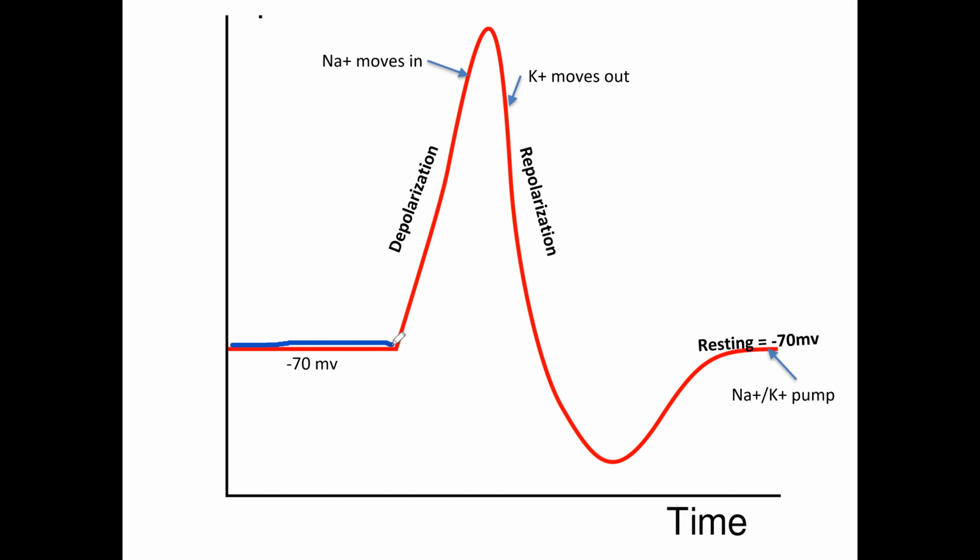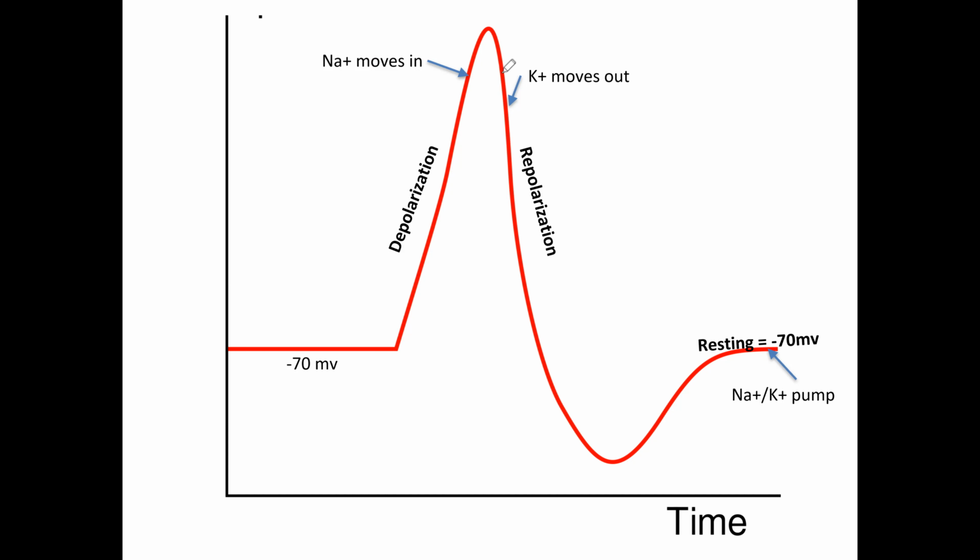Then when sodium moves inside the neuron, and sodium is positively charged, we have a process called depolarization, because we're going to 0 and then plus 30. So when sodium moves in, we have depolarization.